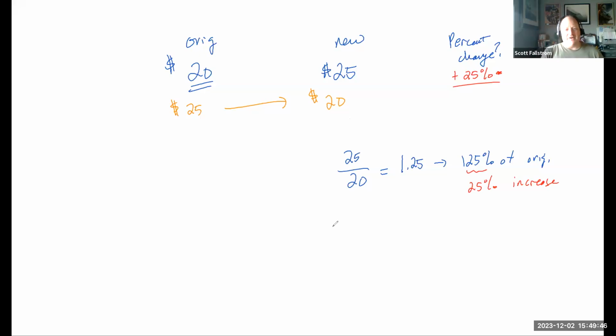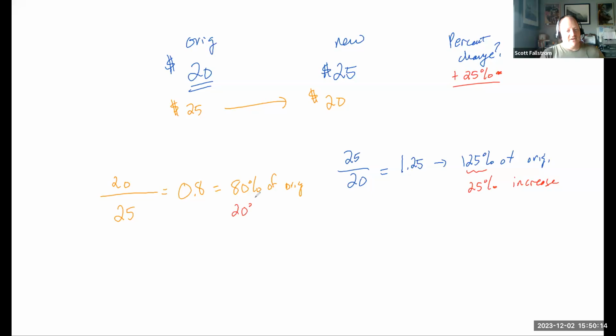Let's check that theory. So what we're going to have to do is put our original down as 25, our new price as 20. We grab our calculators, and we do 20 divided by 25. Now again, 25 is bigger, so 20 over 25 should be less than 1. So hopefully you got 0.8, which is 80% of the original.